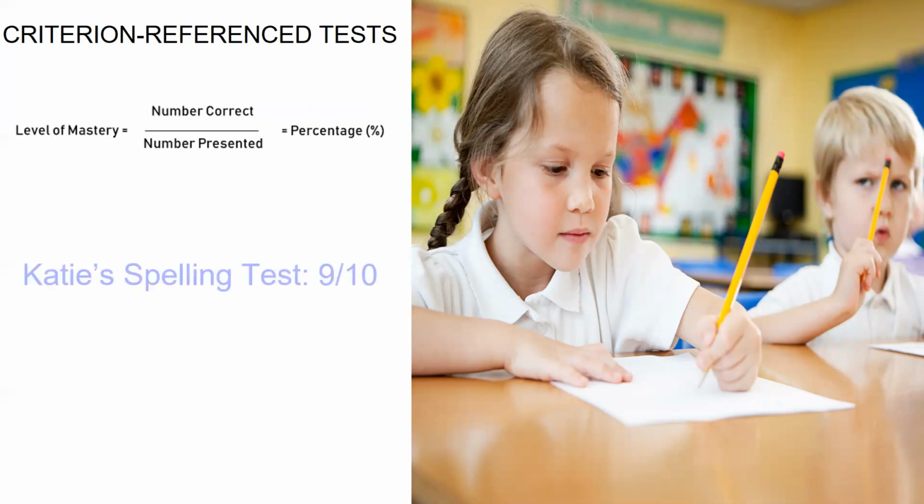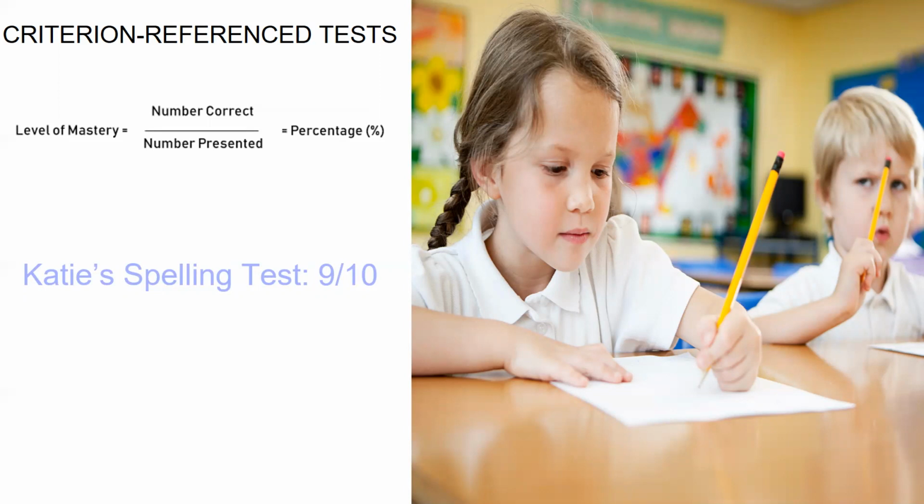I'm trying to measure my students' performance on very specific areas of knowledge from the curricula, and in this case, I want to test a specific spelling skill. So this is Katie. I want to see how well she is doing with what she's expected to know, and then do I need to adjust my instruction based on her needs and her level of mastery?